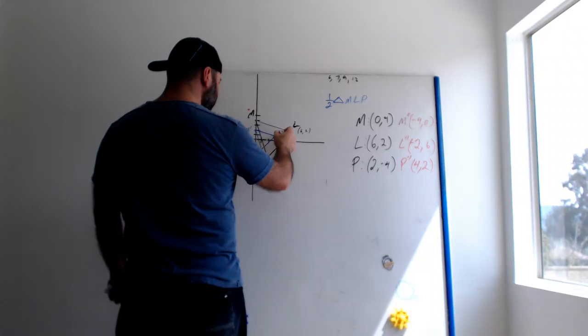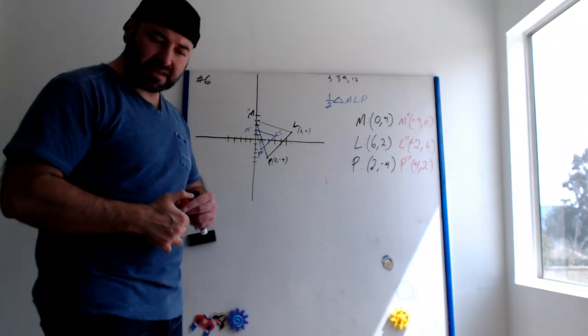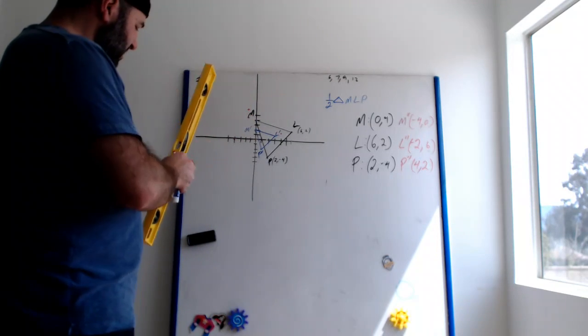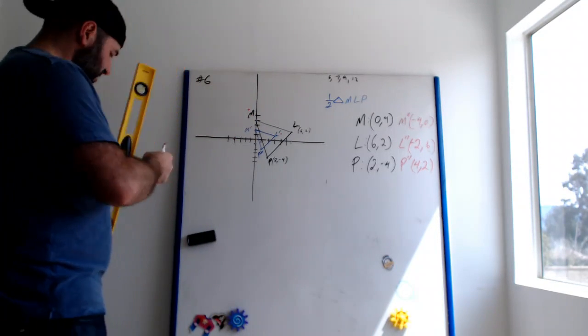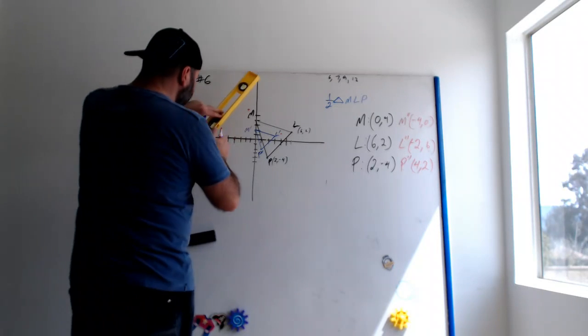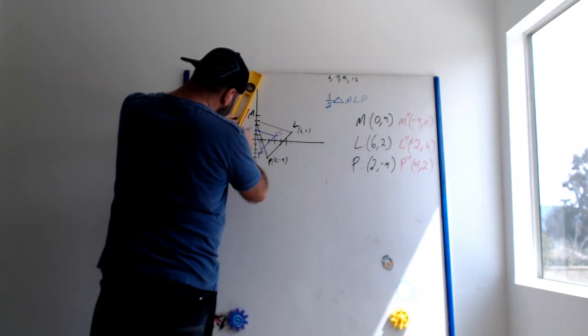When you do everything on one diagram, it starts to get a little messy. Let's go ahead and draw my triangle and connect all these red dots.